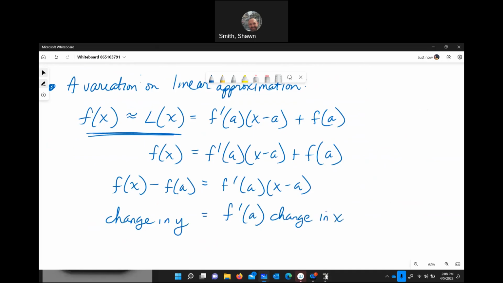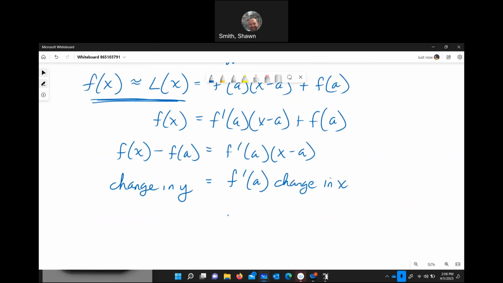So nothing new. This is really just fancy college algebra, all we're doing. If I divide everything by change in x, f prime of a is equal to change in y over change in x.